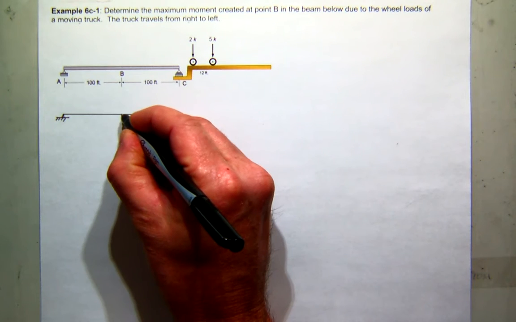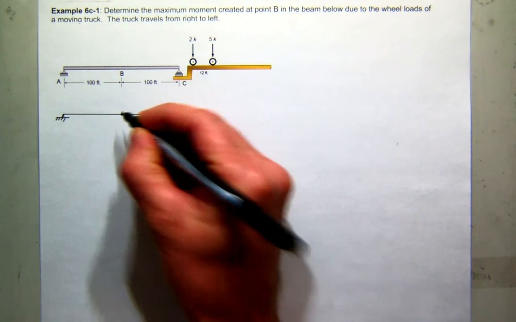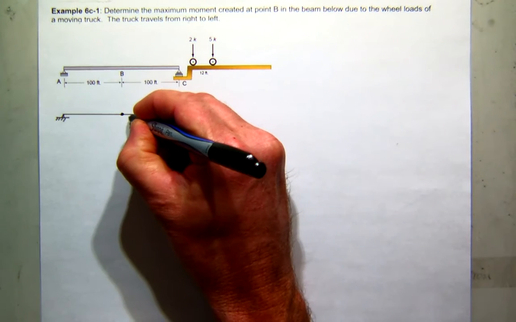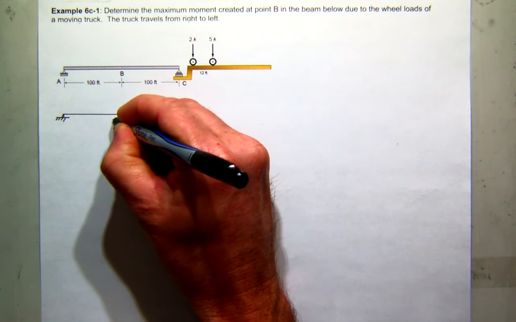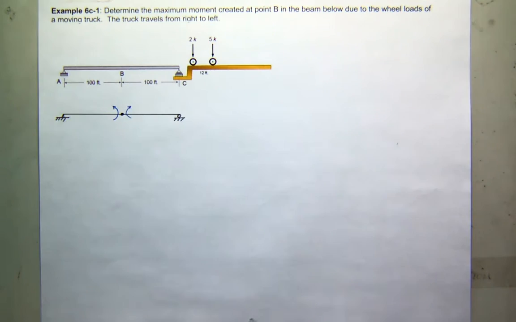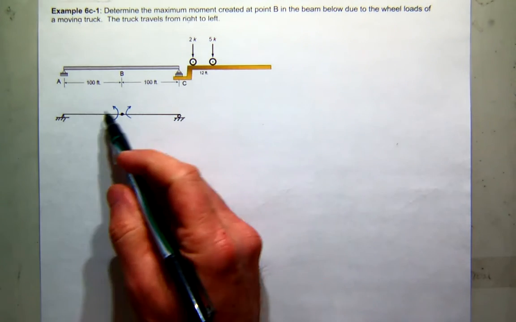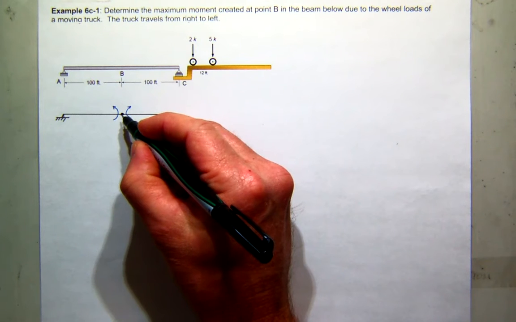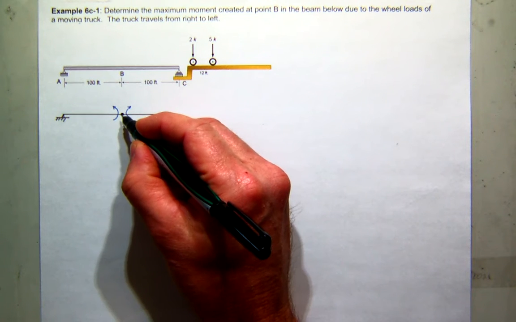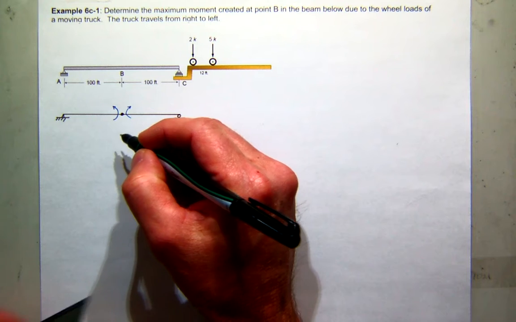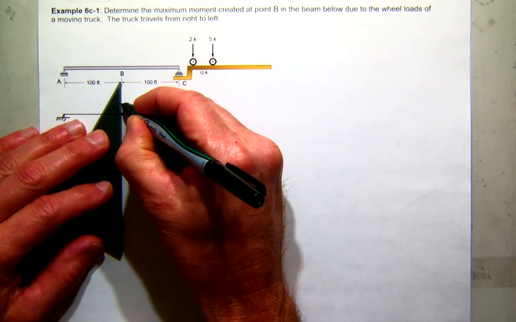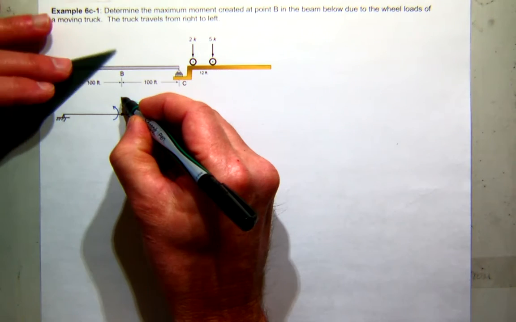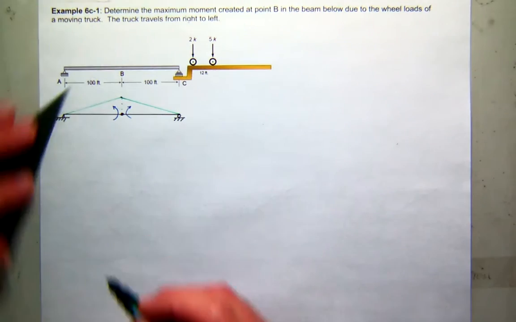I'll come to B and imagine a hinge because it doesn't support moment, and then I'll imagine positive moments being applied to both sides, and then I'll use the shape of this structure as my qualitative shape of my influence line. So this point here, under the action of these moments, is it going to go up or down? It's going to go up. So my qualitative shape will look something like this.